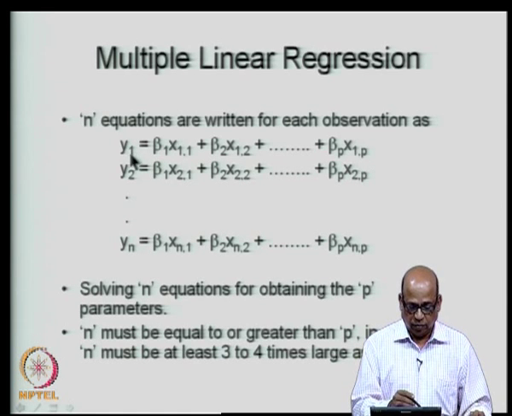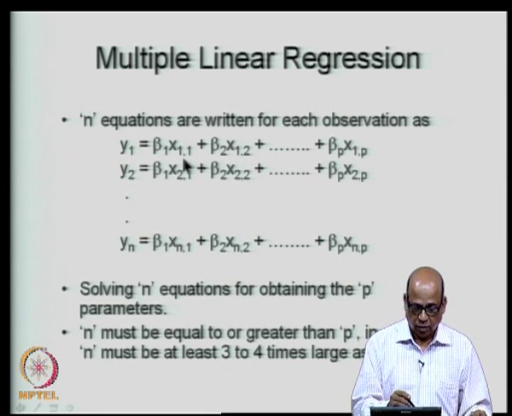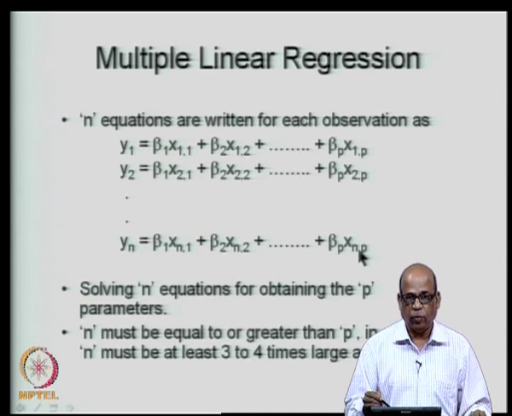Corresponding to each of these values, we also have observed values on the independent variables. So, x 11 is the first value of the first variable, second value of the first variable, nth value of the first variable. Similarly, first value of the second variable, second value of the second variable, etcetera. Like this you have x 1 p up to x n p.